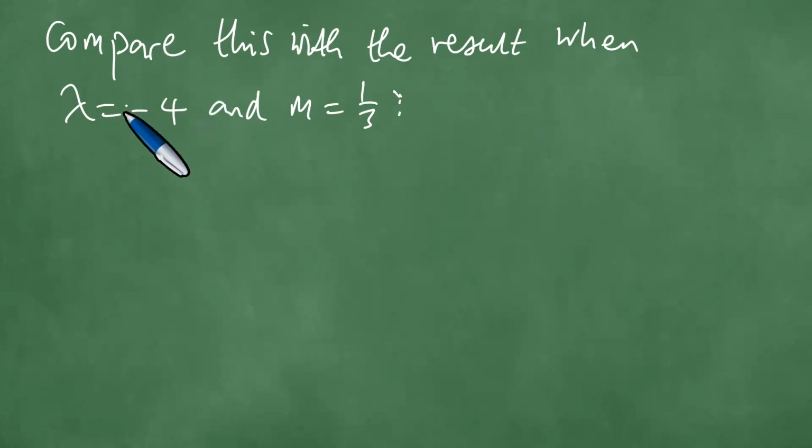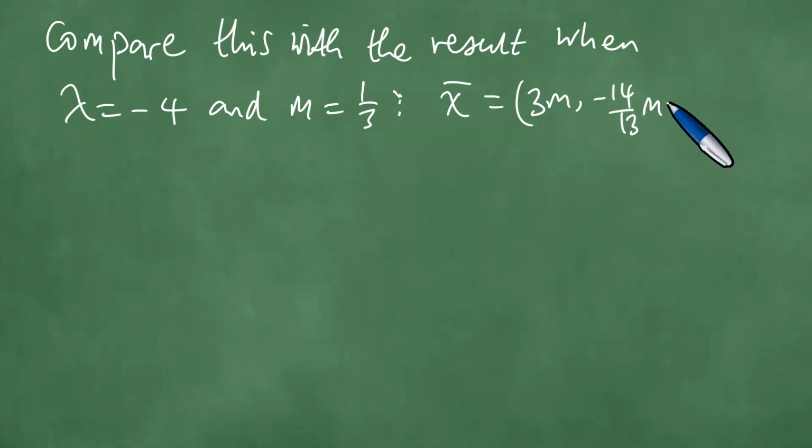Okay, I want to comment on the fact that you compare these results when lambda equals -4 and m, because the m is actually the 1/3. The eigenvector is first obtained as 3m, 3m minus 14 out of 13m.